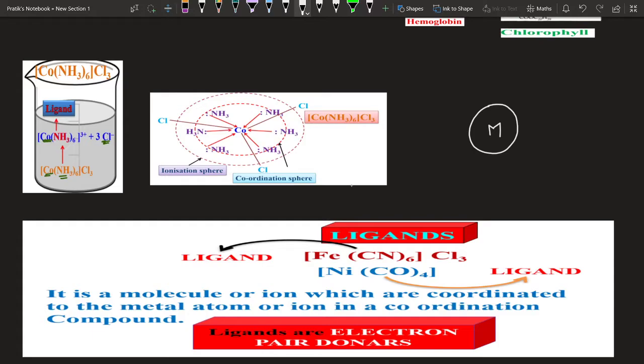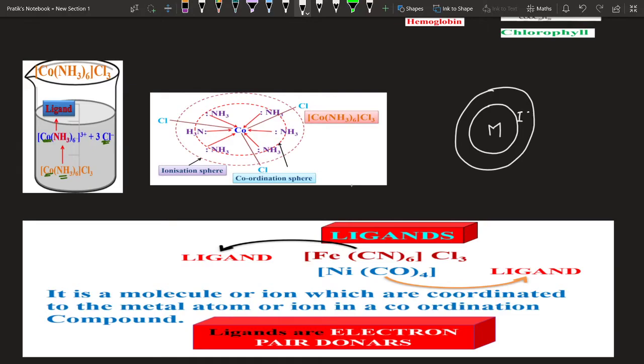If it is attached to the central metal atom through a shorter bond, it means the bond will be strong, and the part which is away from the atom is attached to the metal through what? A longer bond, and since the longer bond is weaker, that is the reason why it breaks in what? Water.